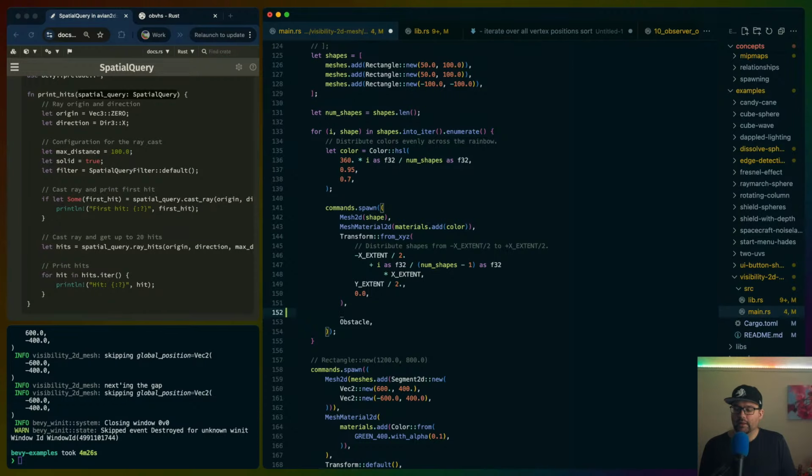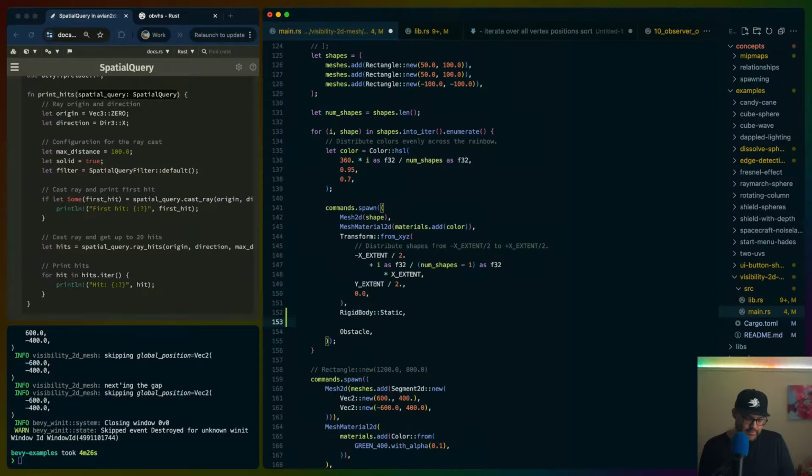They don't necessarily need to be rigid bodies per se, but that does give us some extra information. I think I'm going to go with trimesh.